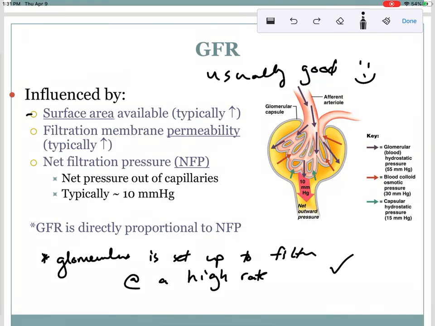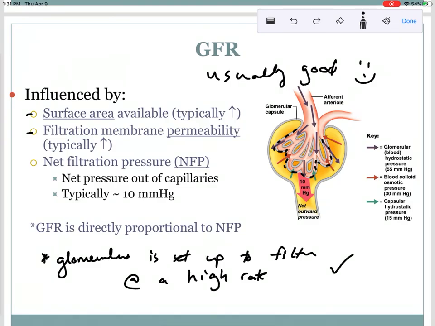What else makes the glomerulus set up well to filter blood at a high rate? We have very permeable glomerular membranes. Remember we have those podocytes in between the glomerular capillaries, and they have little extensions, little feet that come off, and in between the feet are filtration slits. The glomerular membrane is very permeable.